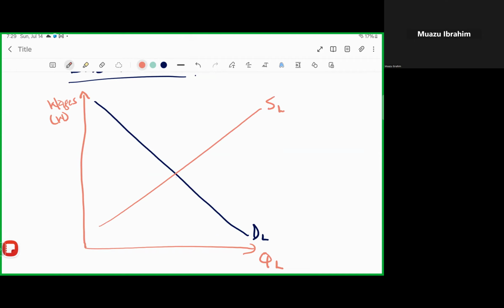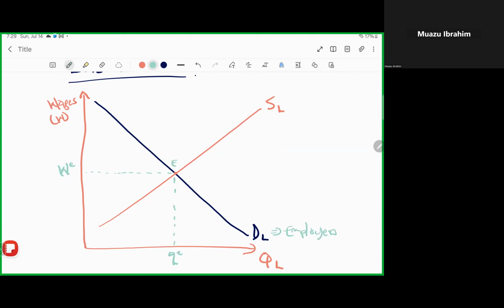Now, this is the equilibrium condition. In this case, we will have WE as the equilibrium wage, and QE as the equilibrium quantity. Remember, the demand for labor represents employers, because employers demand our labor.